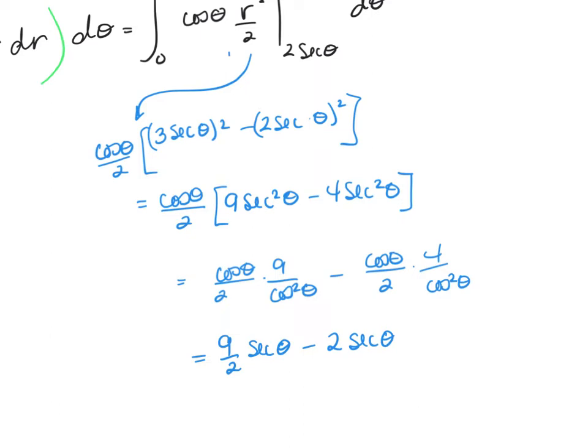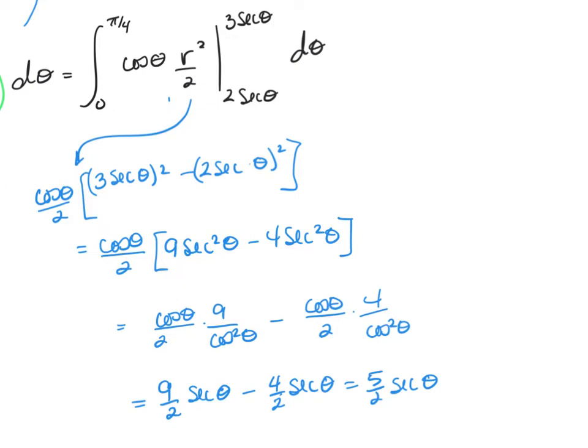I'm going to leave it as 4 over 2, so I can just add and subtract these. And so I get 5/2 the secant of theta. Okay, now all of that was just so that I can make it easier. I'm going to pull out that 5/2 integrated from 0 to pi over 4, and then I have the secant of theta d theta.